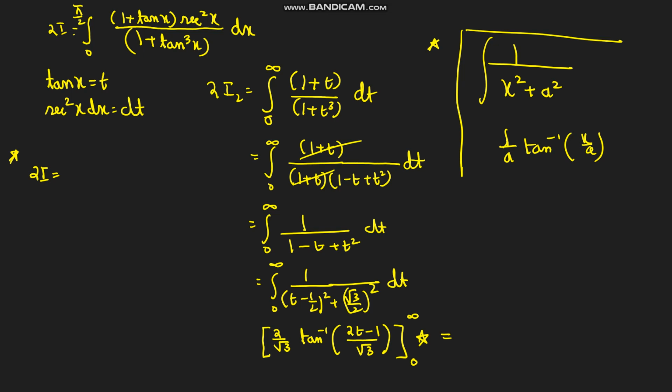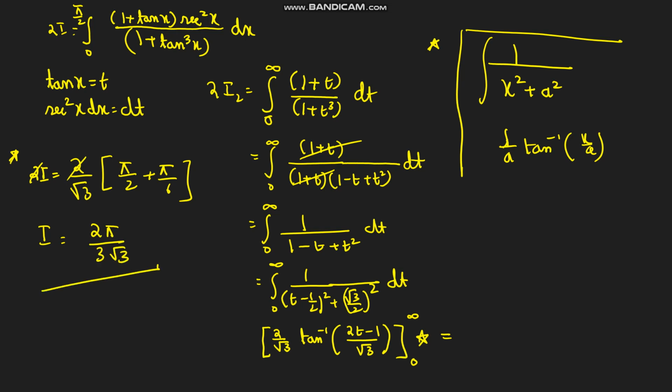For infinity we have pi by 2, and for 0 we have tan inverse of minus 1 by root 3, which is minus pi by 6, but we are subtracting it, so plus pi by 6. So it must be 2 by root 3 of pi by 2 plus pi by 6. The 2 cancels, and I equals 2 pi by 3 root 3. So this is our final answer.